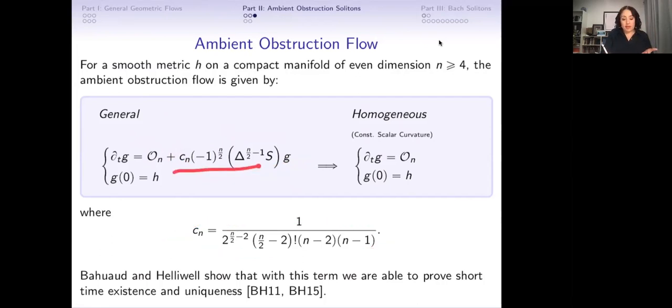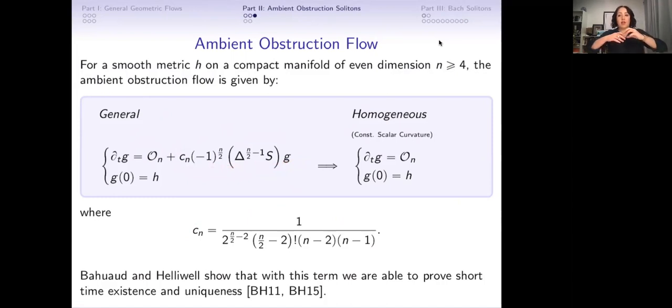Well, this term is included essentially to counteract that conformal niceness. The conformal niceness gets a little bit gross when you start to flow it over time. And Bahuaud and Helliwell show in their papers that with this term, we're actually able to prove short time existence and uniqueness for this flow in general.